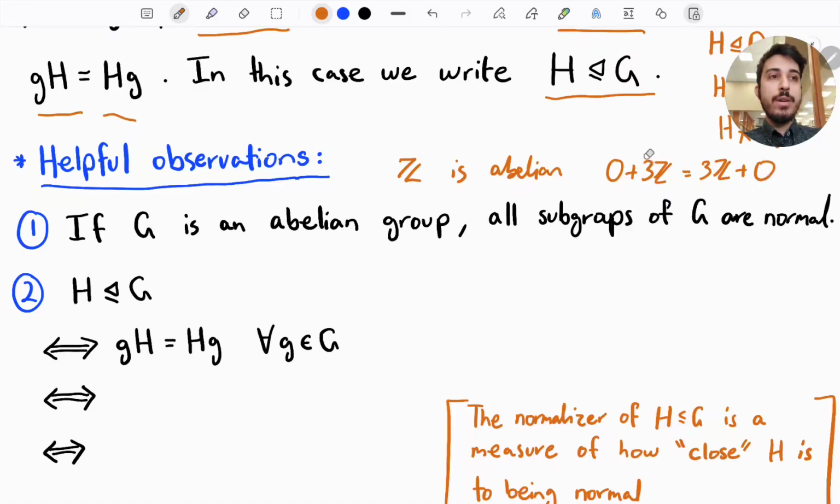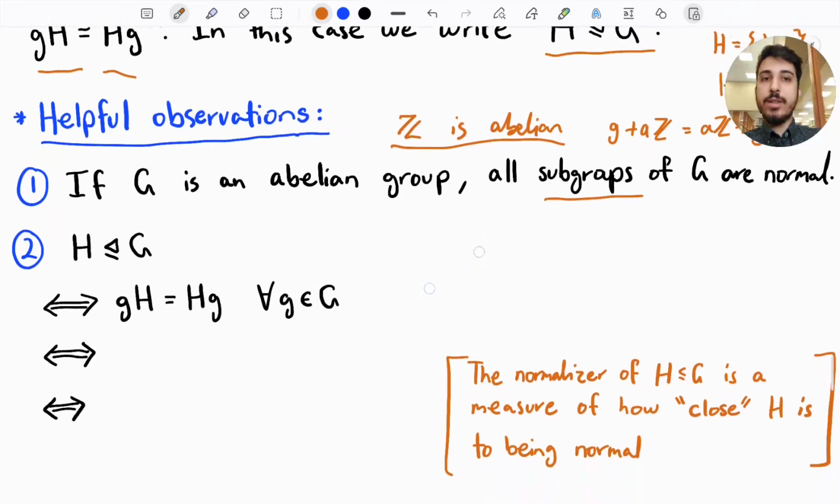And this is no matter if we took 3 or 4 or 5 or 6. So it could be any a, and it could be any g, and this would still hold because Z is abelian. So no matter what the coset is, the left and right will be equal, and so the subgroup would be a normal subgroup. So that's why all of the subgroups of an abelian group G would be normal.